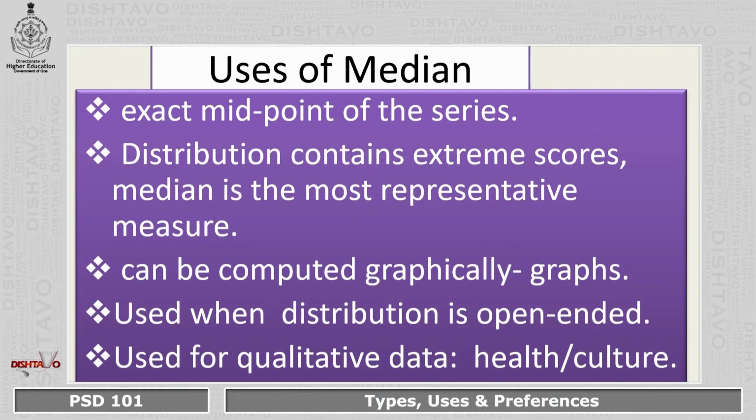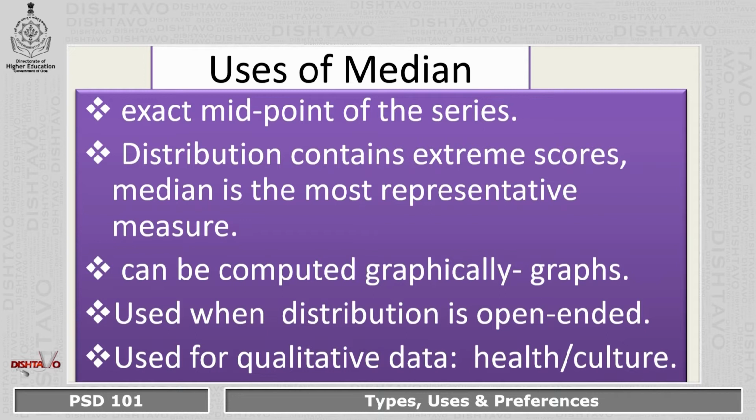We proceed on to the uses of median. Median is the exact midpoint of the series, and median is used when the distribution contains extreme scores, because when a distribution contains extreme scores, the most representative measure is the median. Median also has another positive characteristic, that it can be computed graphically.